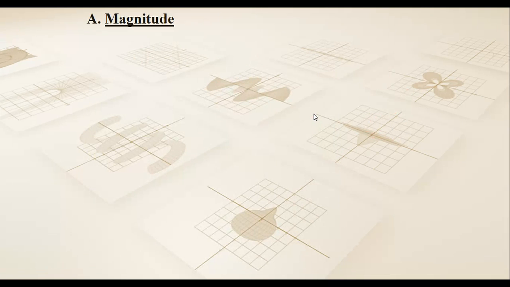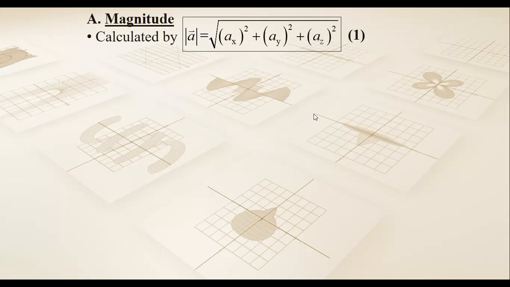To calculate the magnitude of the vector, we do something that's pretty similar to how we would have calculated the magnitude of a two-dimensional vector back in Physics 20. This equation kind of looks like the Pythagorean theorem, but not quite, because you actually have too many terms.